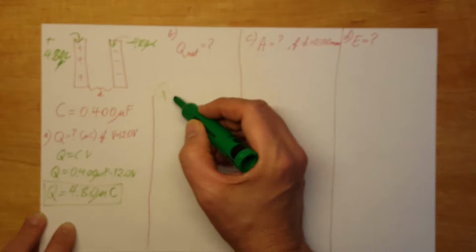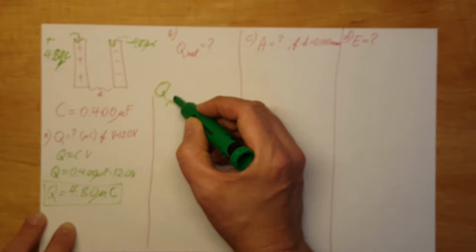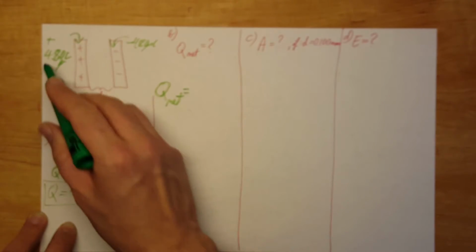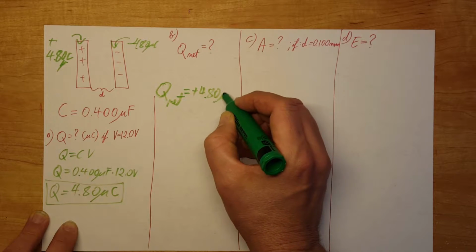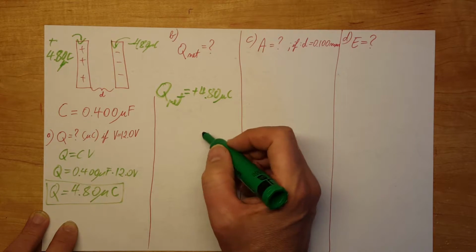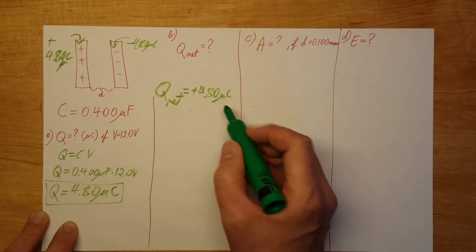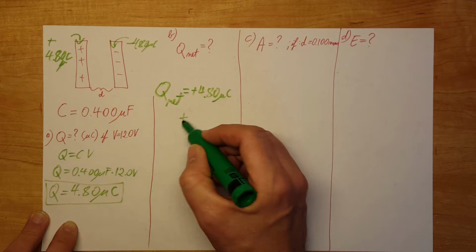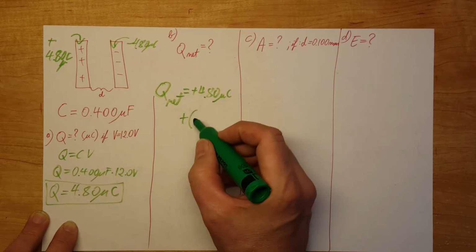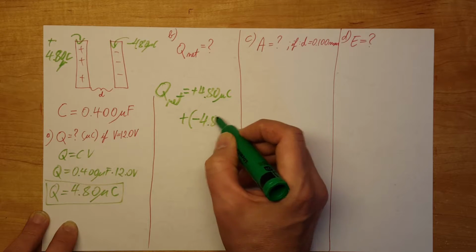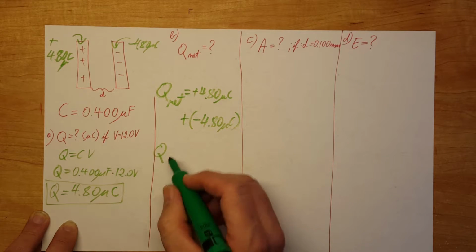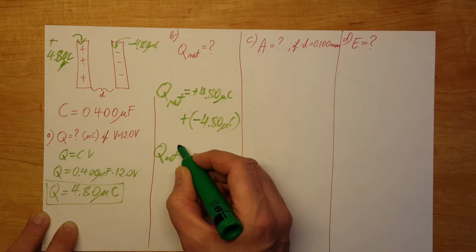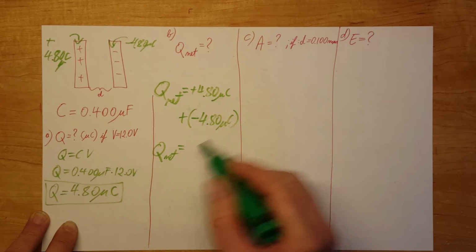So our Q net will be positive 4.8 microcoulombs plus the other side, which is negative 4.8 microcoulombs. And therefore our net charge equals 0.